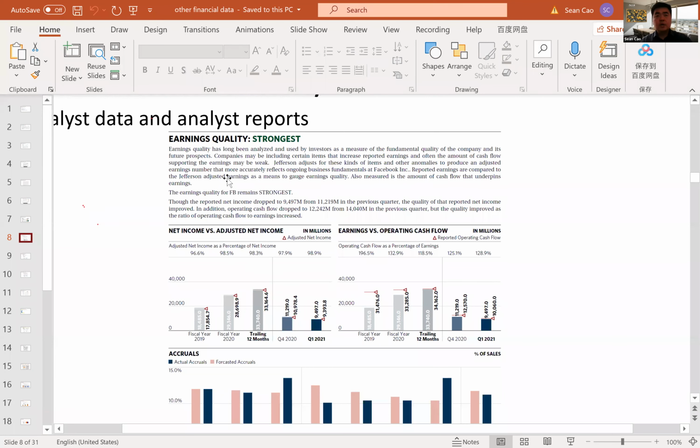They talk about accruals. So you can see there's a lot of overlap between what we discuss in class and what the industry is doing right now. Particularly for Jefferson Research, this is something you can look into. You need to analyze the information here to figure out: can you trust Jefferson Research, and is its quality strong?